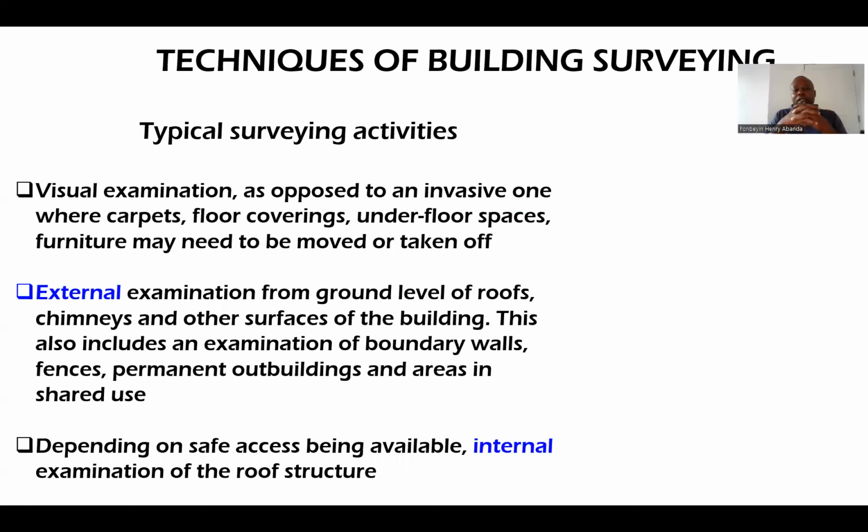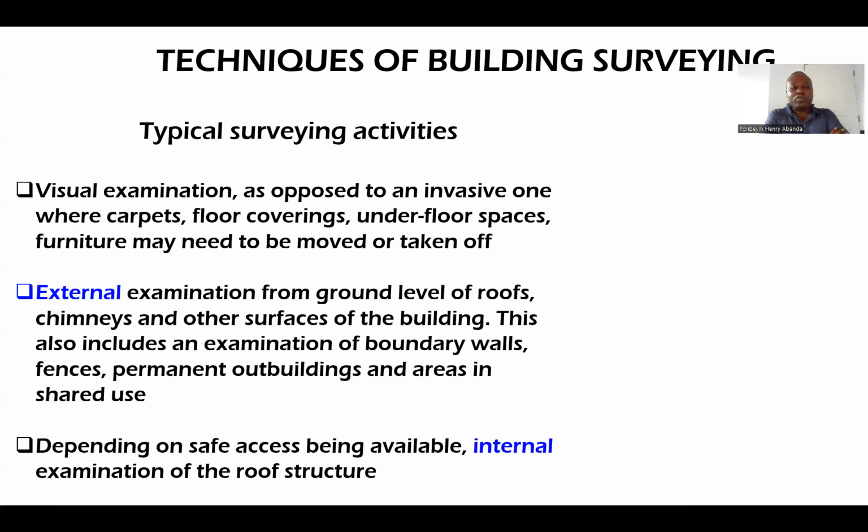Now, typical surveying activities. Remember, we said in one of the earlier slides that it involves intensive inspection. The kind of activities involved in surveying are visual examination, as opposed to invasive examination where things like carpets, floors or underfloor spacings and furniture may need to be moved or taken up. So visual examination.